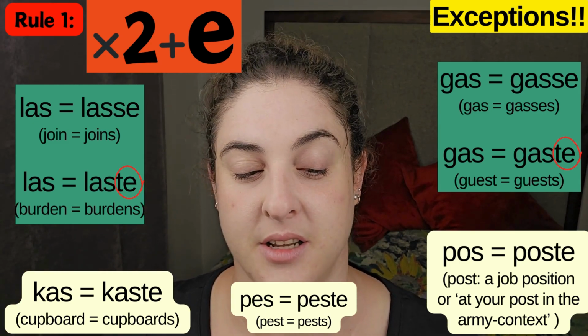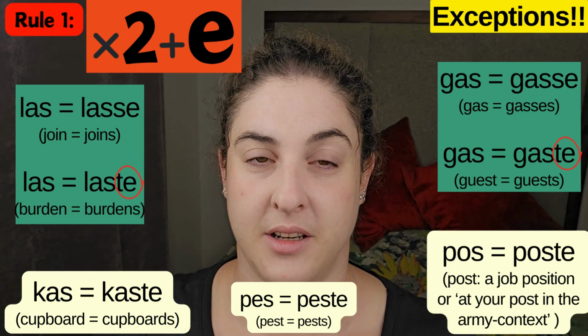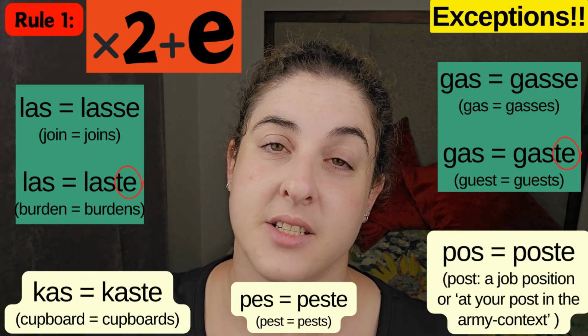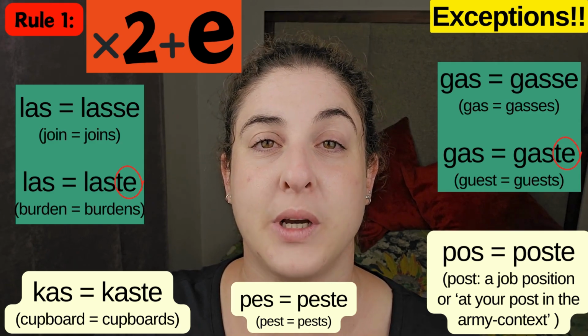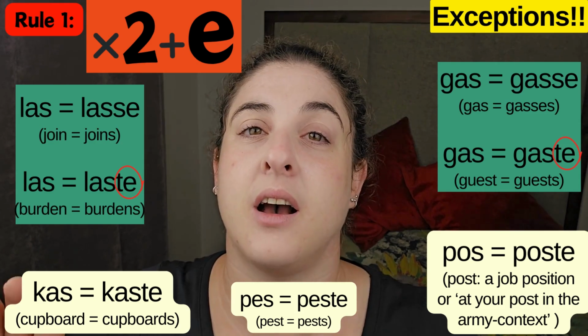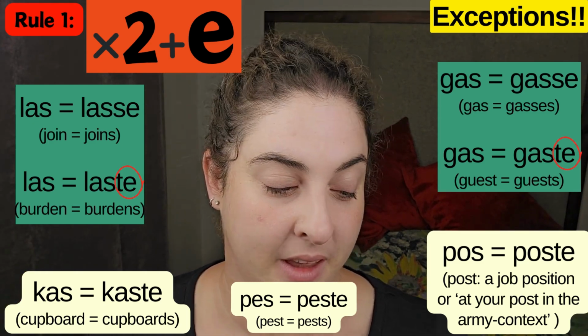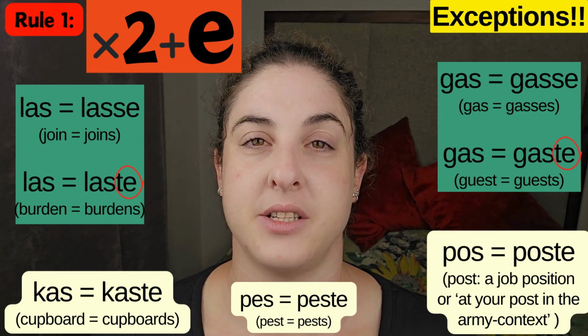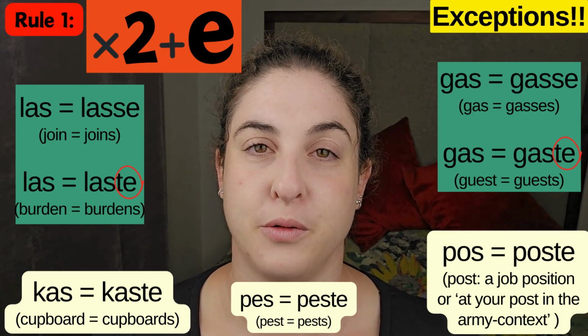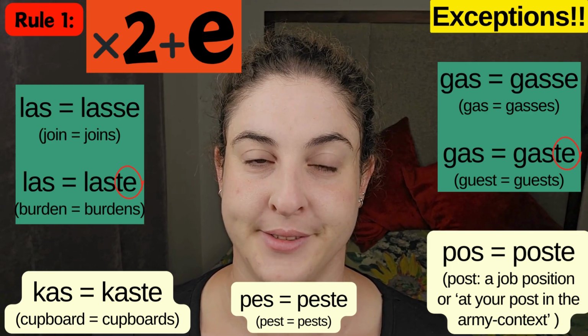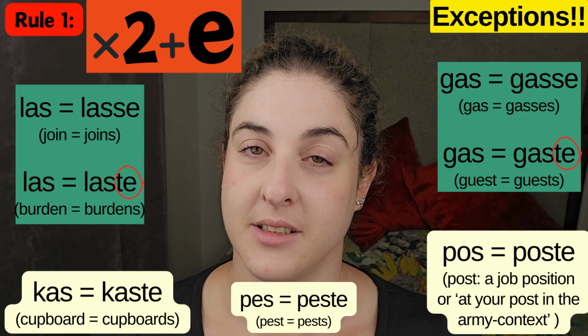Then for guest, it is gas in the singular, and for guests, it is gaste. So that one you should also learn. And then at the bottom, we have some other things that just adhere to a different rule for absolutely no reason. Gas, gaste.